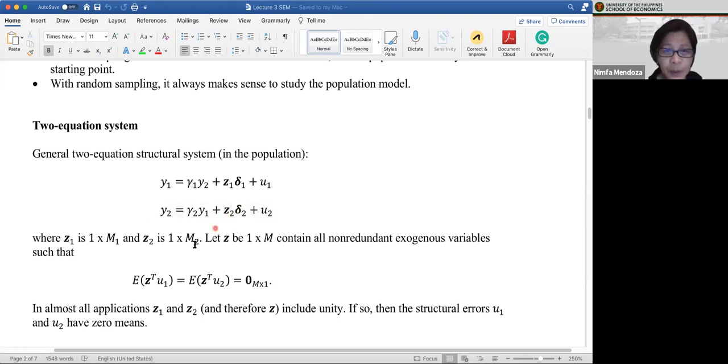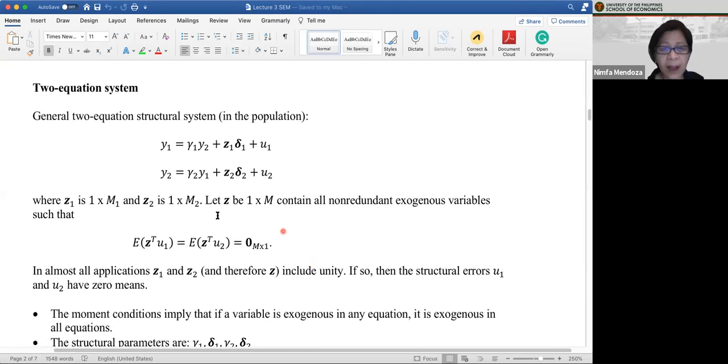And we're assuming we have m sub 2. Okay. Y sub 1 is 1 by 1. C sub 1 is 1 by m sub 1. So this delta sub 1 would be m sub 1 by 1. So that is a column vector. So this is a row vector multiplied by a column vector, and you get a 1 by 1 term. Okay. The same thing with C sub 2, delta sub 2.